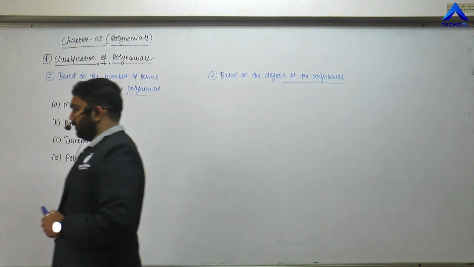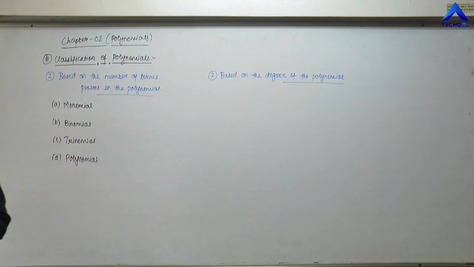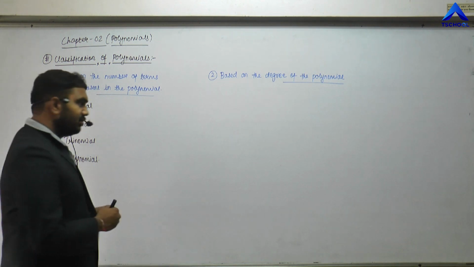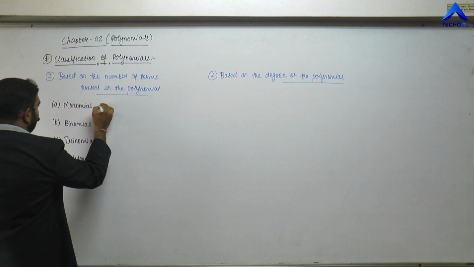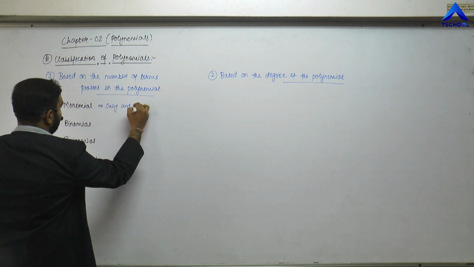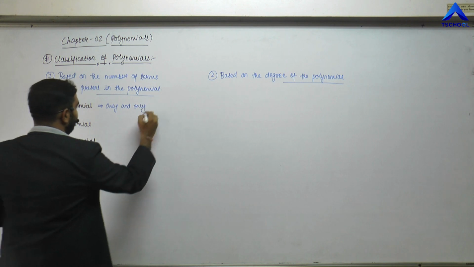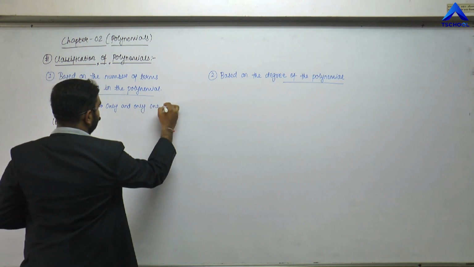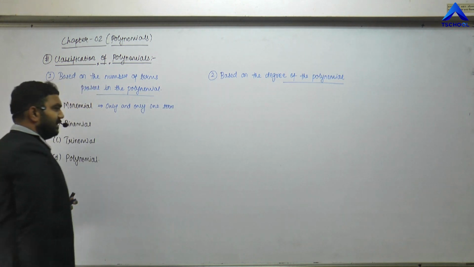We are going to discuss the classification of the polynomials, and again there is a polynomial present here in this classification. So monomial means there is only one term present in the polynomial. Monomial means only and only one term present in this polynomial.